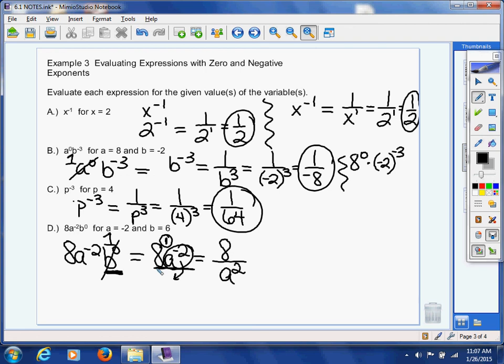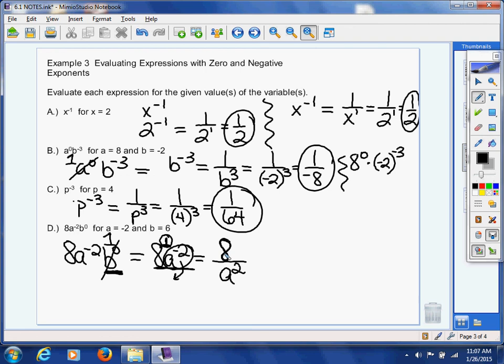There aren't parentheses around the 8 and the a. Only the a is being raised to the negative 2. The number 8 has an understood exponent of positive 1. Because its exponent is positive, we're going to leave it right here in the numerator, and we're going to pop that a to the negative 2 underneath it because that's the only thing that has a negative exponent. Okay, so that was a recap.